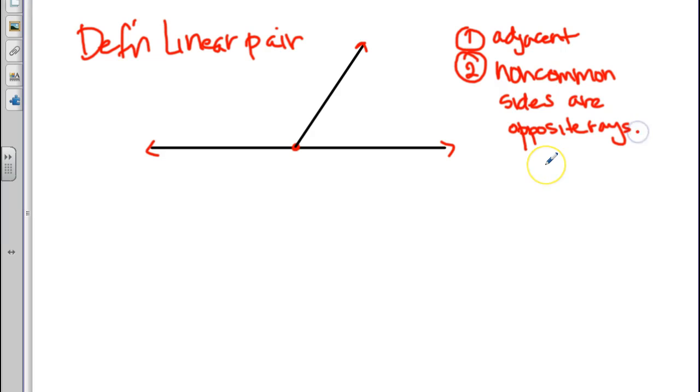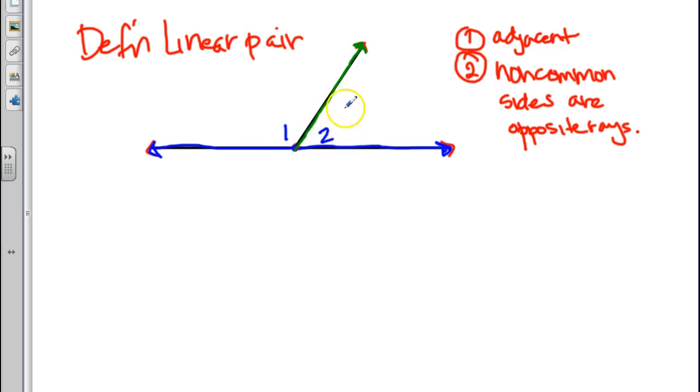So again, definition of a linear pair. Two angles will form a linear pair if and only if they are adjacent and their non-common sides form opposite rays or are opposite rays. So here's angle 1 and angle 2. They are a linear pair. The non-common sides, the blue sides, are opposite rays, and they are adjacent because they share a vertex and a side.